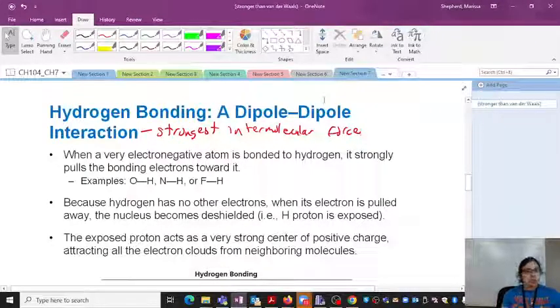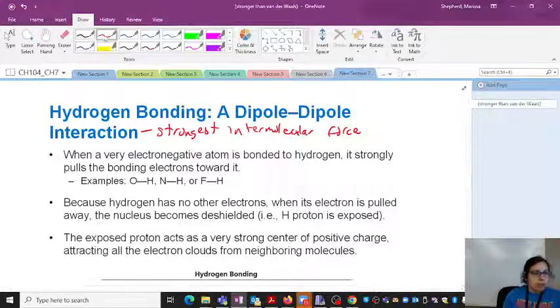And this is a special situation where you have hydrogen bonded to either oxygen, nitrogen, or fluorine. So it's only in these specific cases.